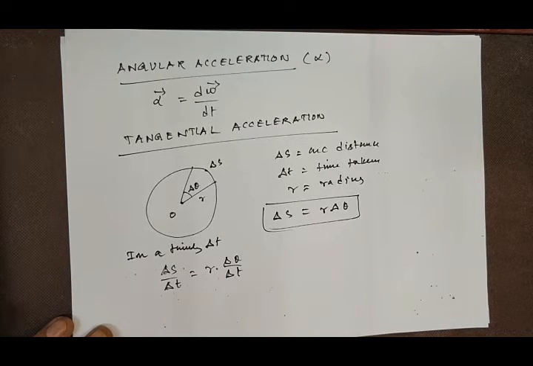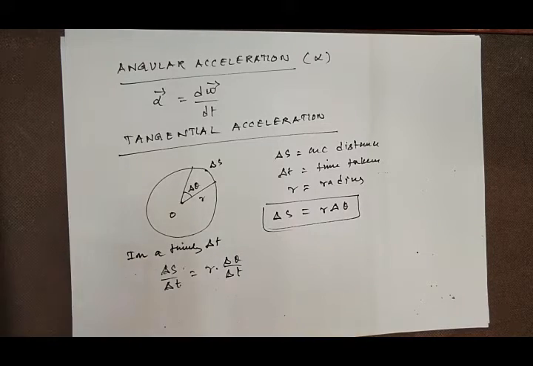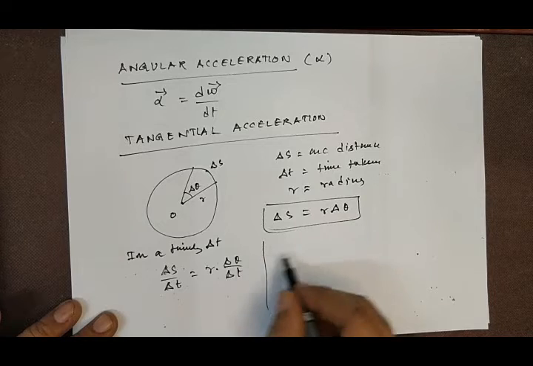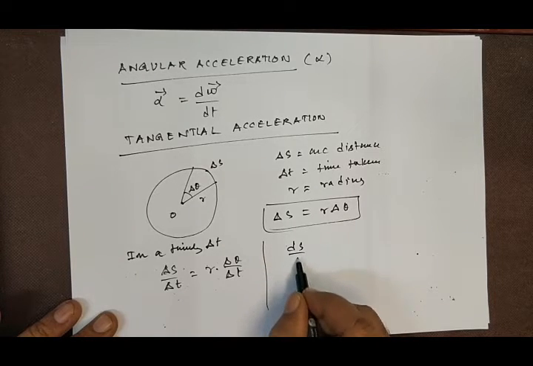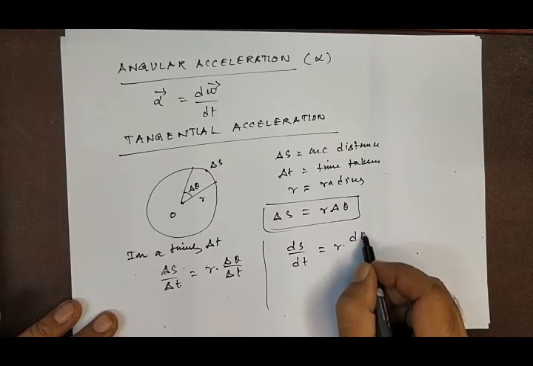In fact, as I already mentioned, it is an instantaneous velocity. We are talking about the instantaneous displacement in the shortest interval of time. So this delta can be replaced by d. Therefore, ds by dt is equal to r into d theta by dt.